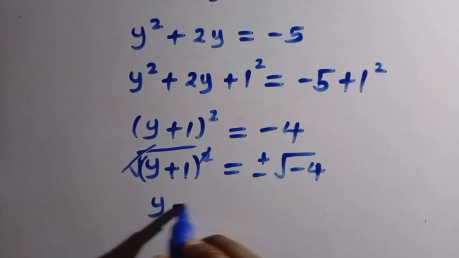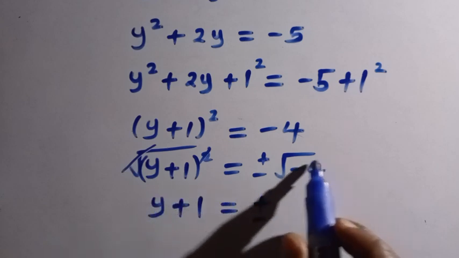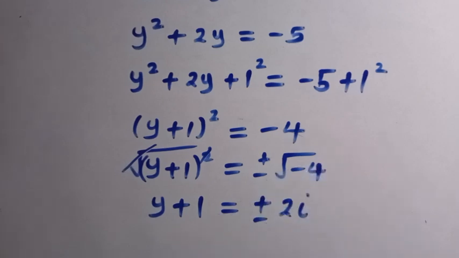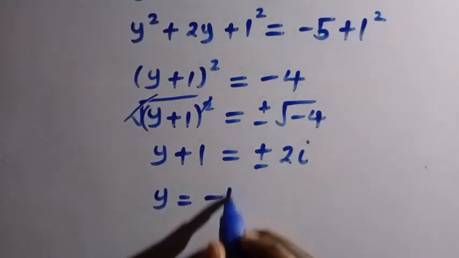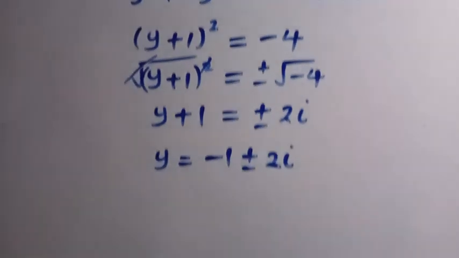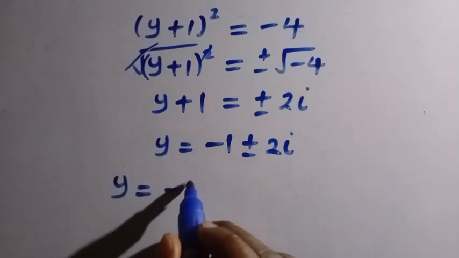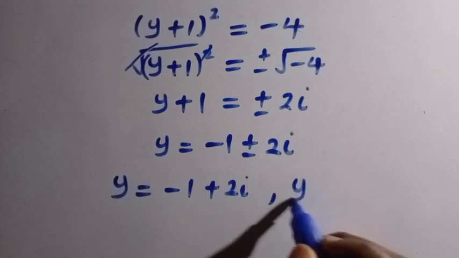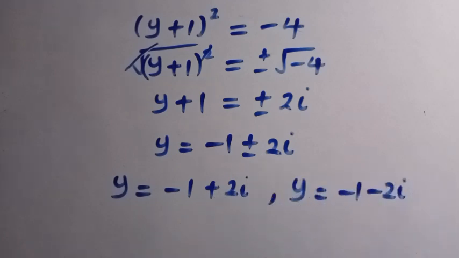We have y plus 1 equals plus or minus the square root of minus 4, and that gives us 2i. Then y equals minus 1 plus or minus 2i. So y equals minus 1 plus 2i, and y equals minus 1 minus 2i.